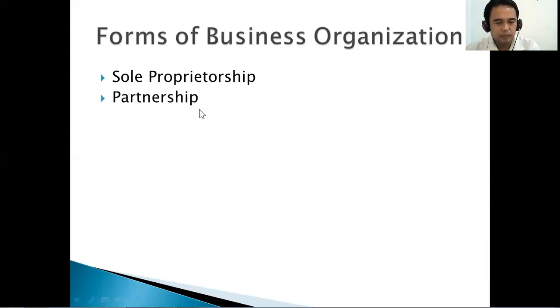From partnership, another type emerged, besides general partnership, which is the limited partnership, or partnership with limited liability.